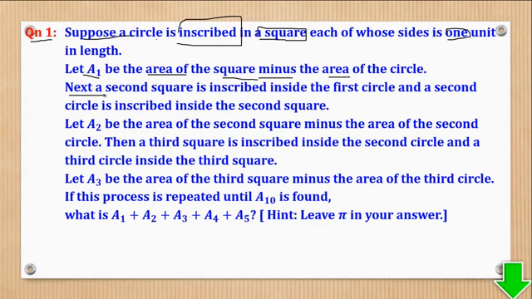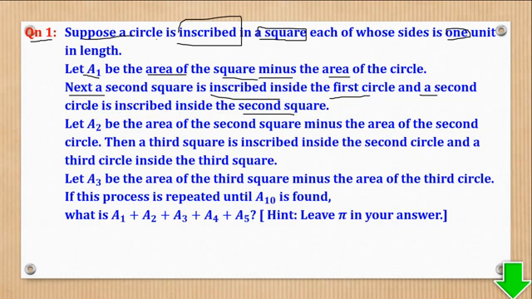Next, a second square is inscribed inside the first circle, and a second circle is inscribed inside the second square.